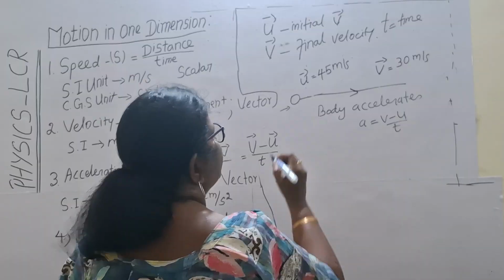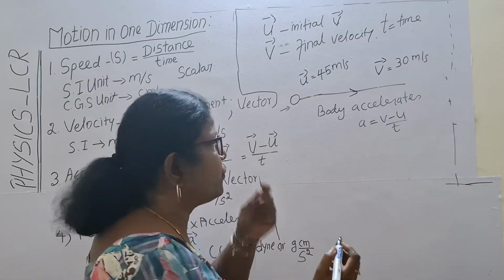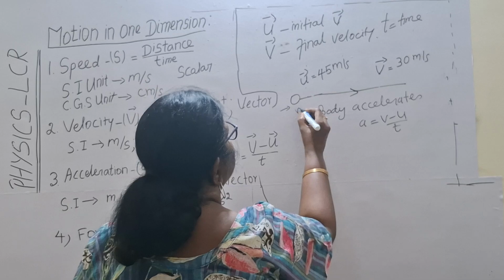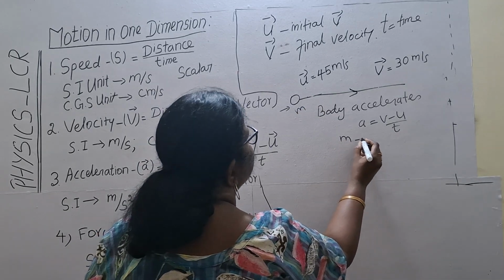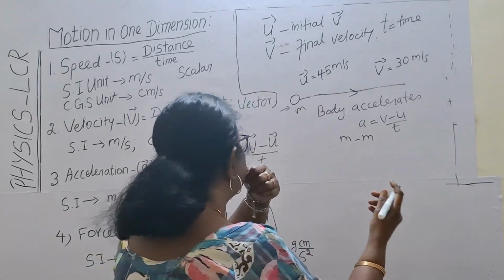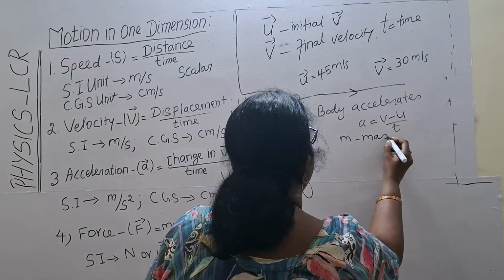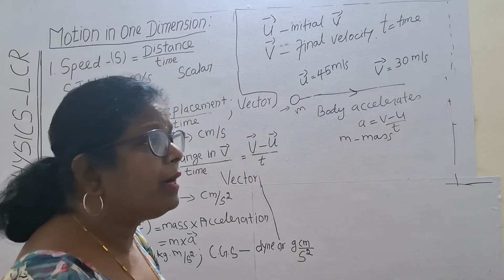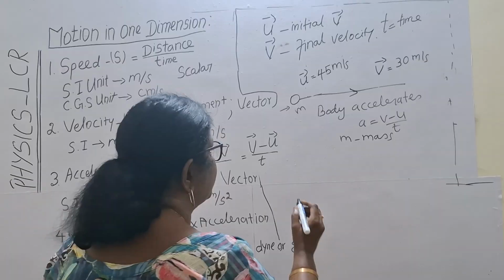When you are applying a force, what is force? This body has a mass. It may be 5 kg, 2 kg, whatever it may be. So what is the force?